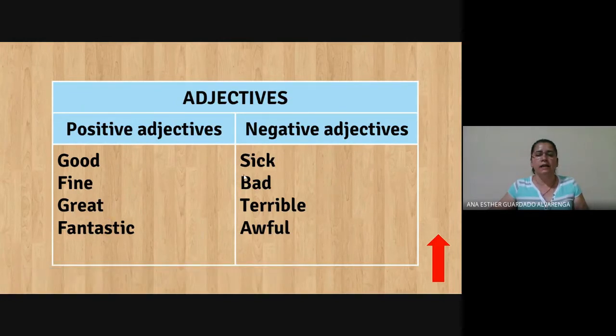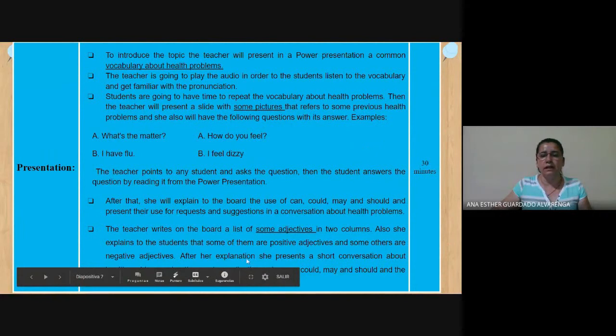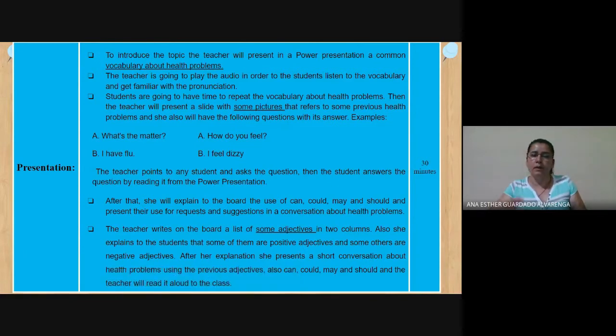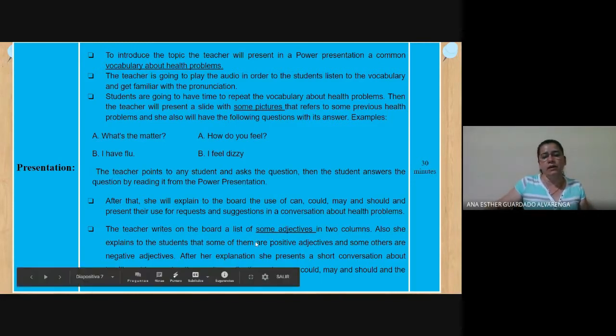She will just say that because they already studied adjectives in previous lessons. After her explanation, she presents a short conversation about health problems using the previous adjectives, also can, could, may, and should, and the teacher will read it aloud to the class.